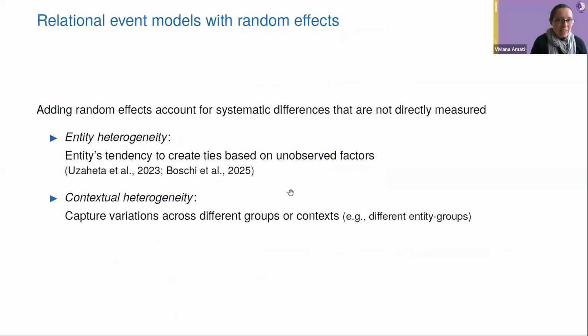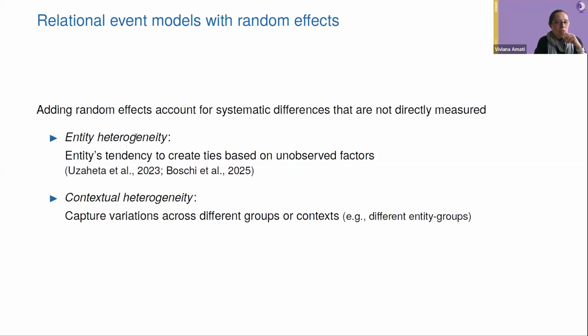Now, when we look at relational event models in their original formulation, it was assumed that all these parameters are constant across time and also across actors. And a few years ago, a debate started about how to relax this assumption. Therefore, random effects started to be included in the models to control for 2 types of heterogeneity.